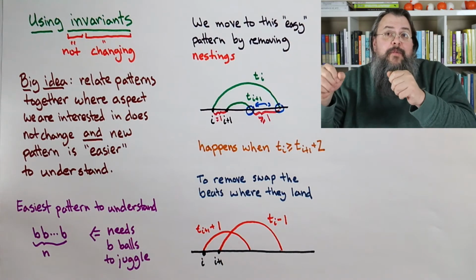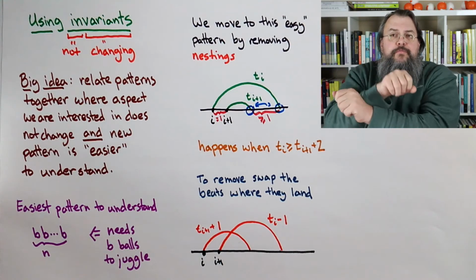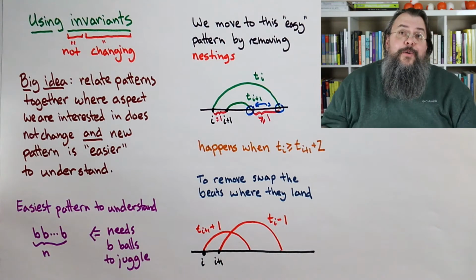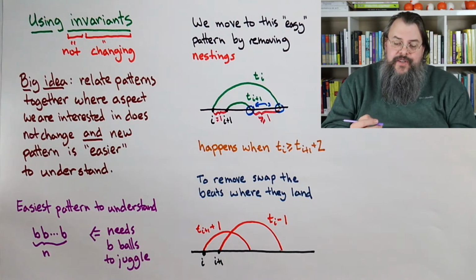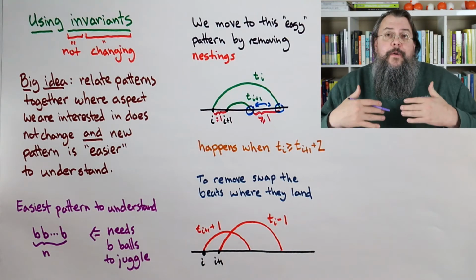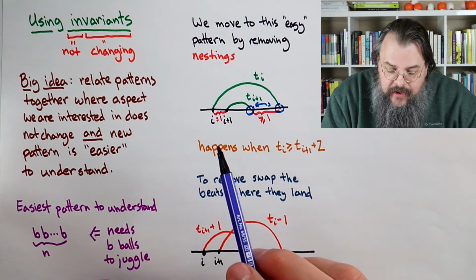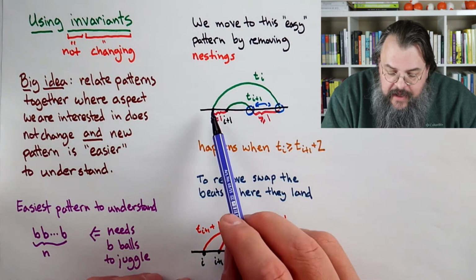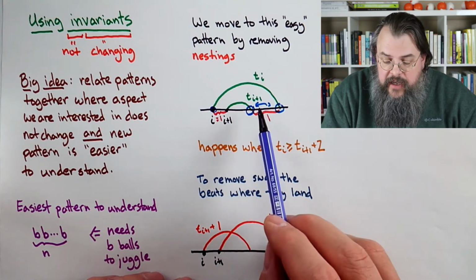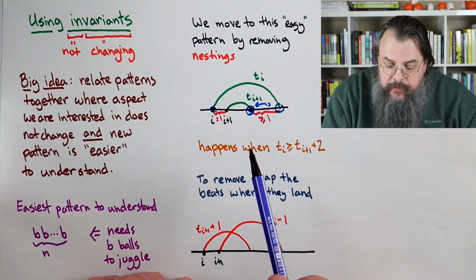This is the nice thing about modular. We can say do it all simultaneously, and we're just going to swap. Okay, so what's happening to our throws? In particular, we think about the length of time things are in the air. If I'm throwing at my original time at beat I, and I want to land here, what do I need to do?